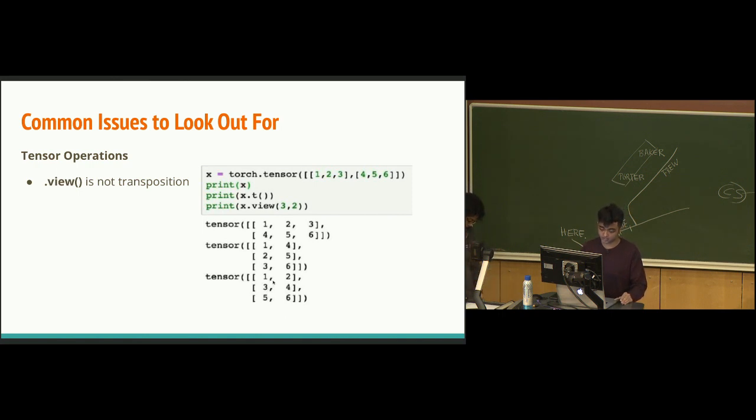So if you do x.view(3, 2), the order of the elements would still be the same, but the dimensions would be different. This is not the same as taking the transpose of x, because in the transpose you actually have to shift the elements across a diagonal. Here, the first tensor is the transpose, and the second tensor is the result after taking view of 3 by 2.